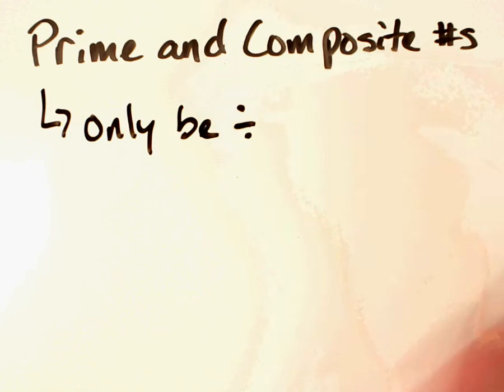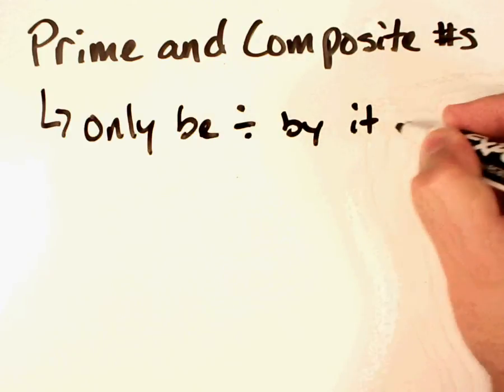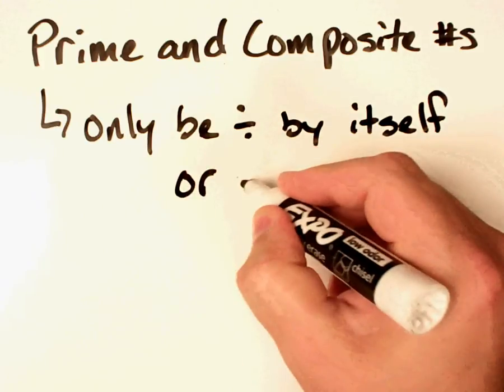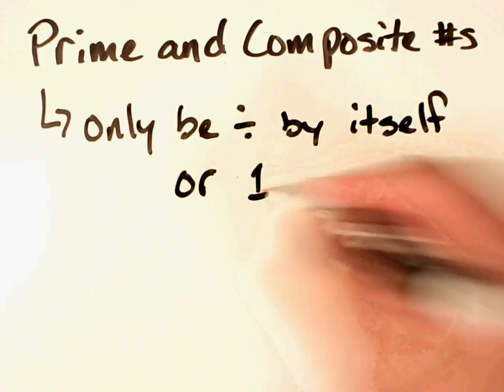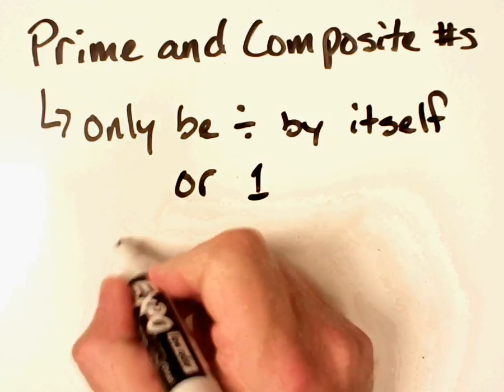be divided by itself or the number 1. So for example, the number 5.